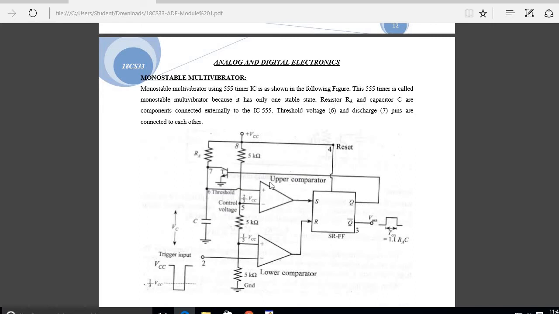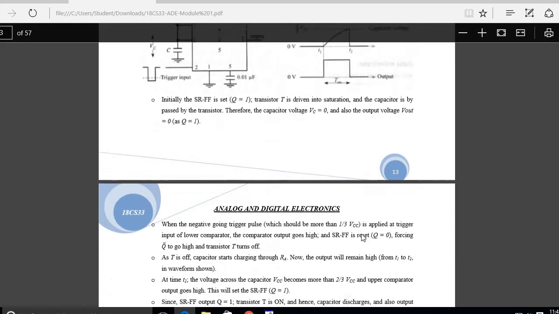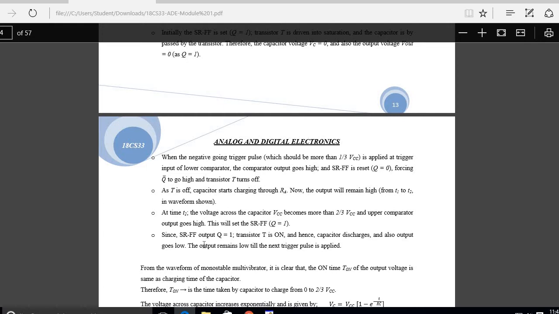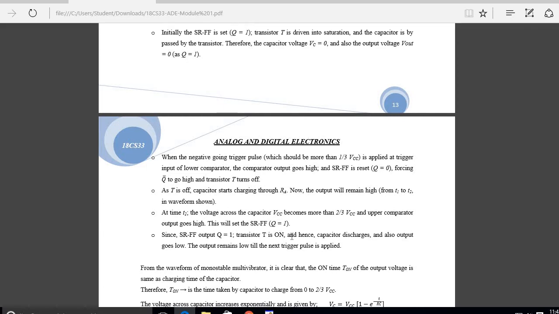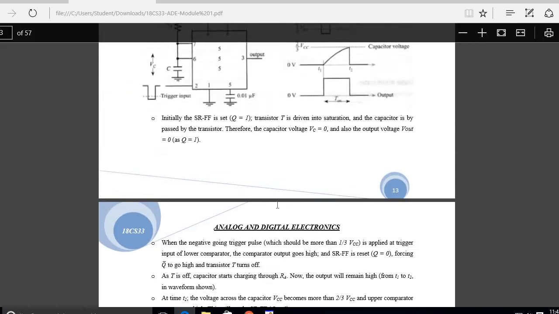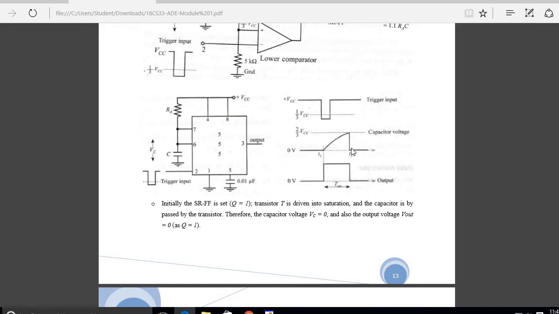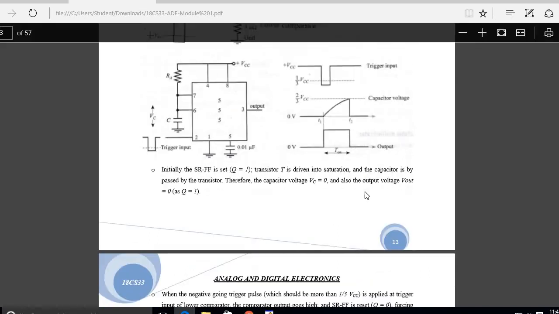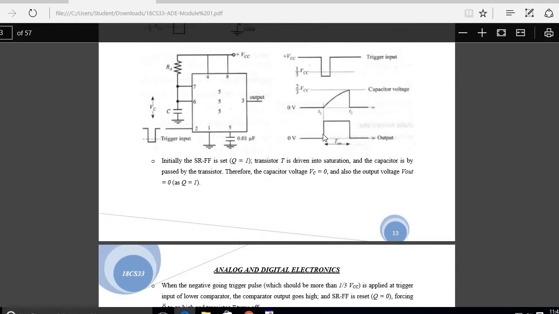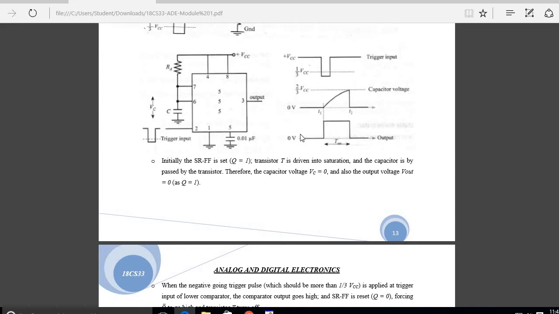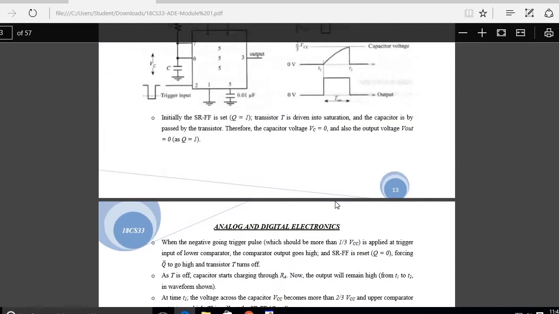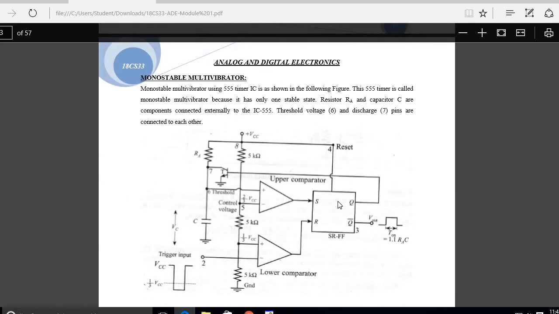If Q is 1, the transistor is on and Q bar should be 0. Since the SR flip-flop output Q is 1, the transistor is on, hence the capacitor discharges and the output goes low. See here in the graph, at time T2 the capacitor starts discharging. This is what the output should be in pulse format, the square format. This is the working of the monostable multivibrator.